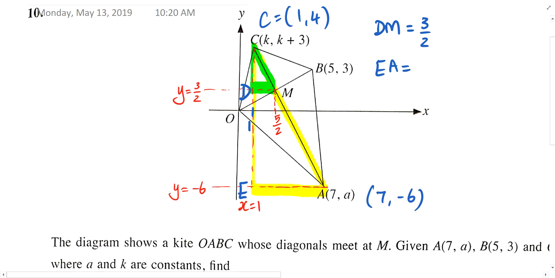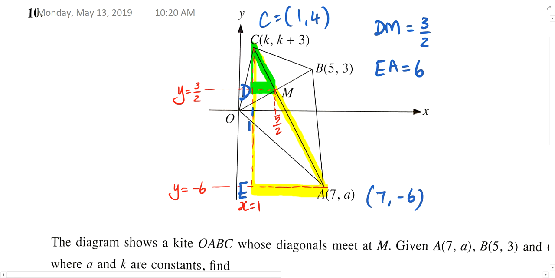EA. 6. Okay, 6. So the ratio of DM to EA must be 3 over 2 to 6. Which also means that my ratio for CM to CA must also be 3 over 2 is to 6.